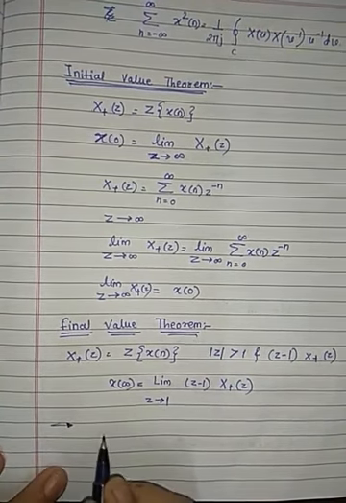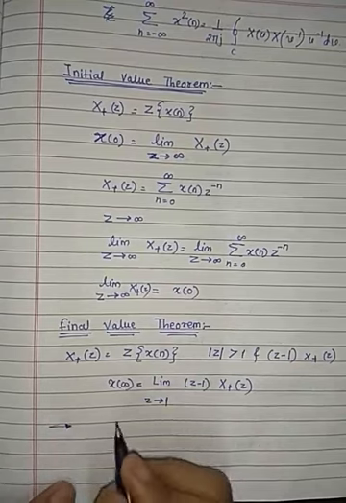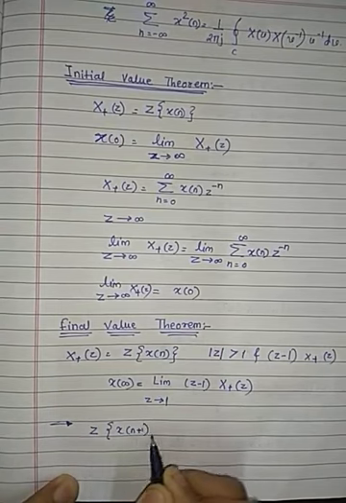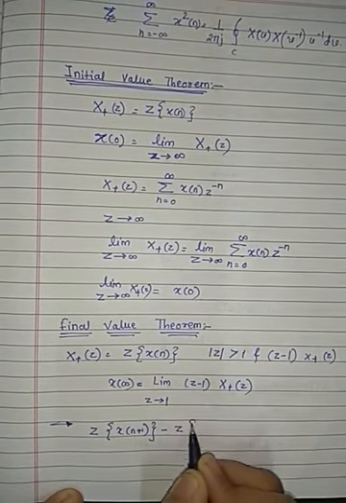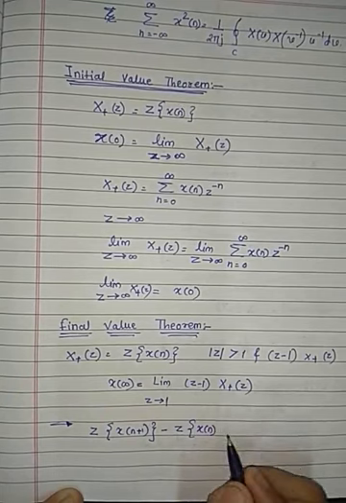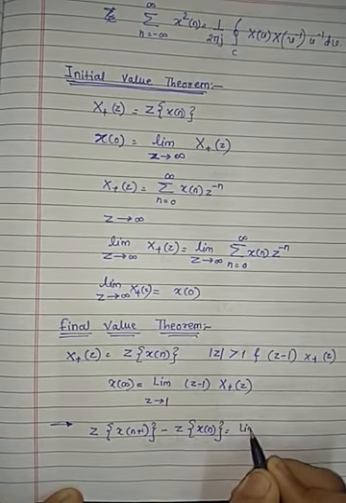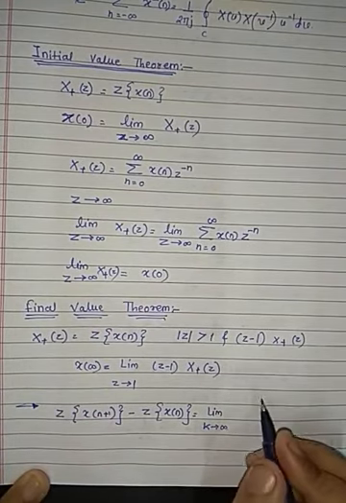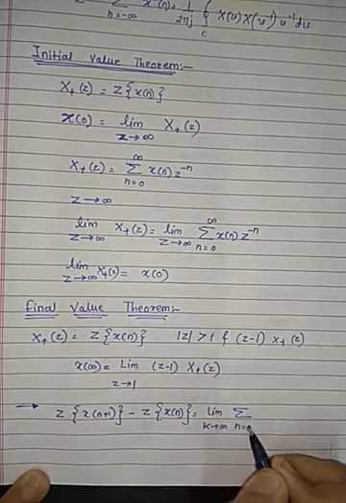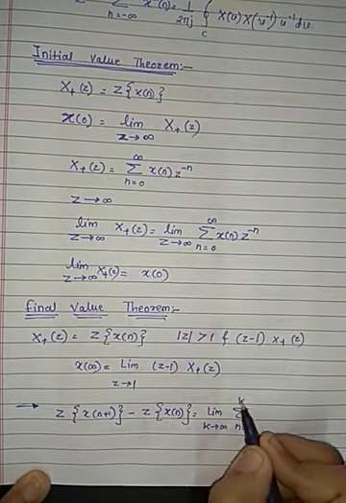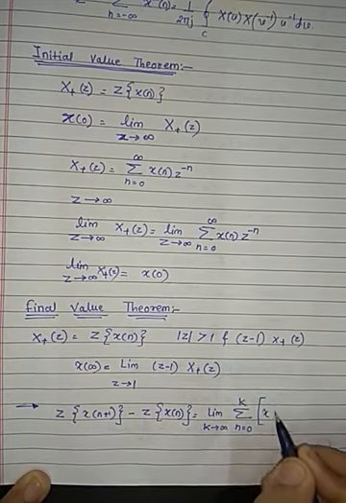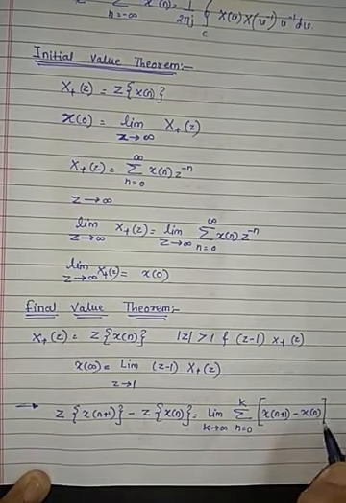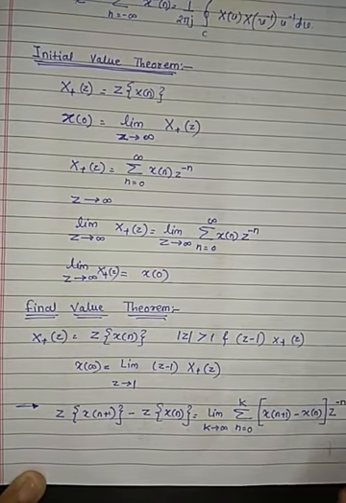To prove this final value theorem, you can write the z transform of x of n plus 1 minus the z transform of x of n as the limit as k tends to infinity of the summation from n equal to 0 to k of (x of n plus 1 minus x of n) into z raised to minus n.